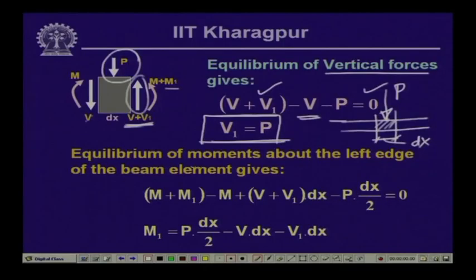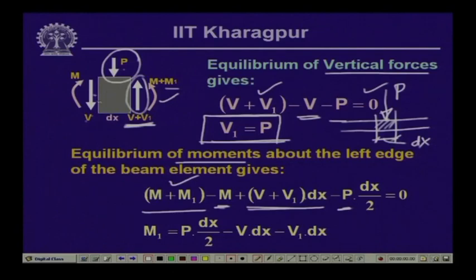Now, if we take the equilibrium of the moments about the left edge of the beam element, then again M plus M1, which is a positive anticlockwise moment which we have considered as positive, minus M, which is a clockwise moment acting on the left edge, plus the moment due to V plus V1, which is V plus V1 times dx, and the contribution of P is P times dx by 2.